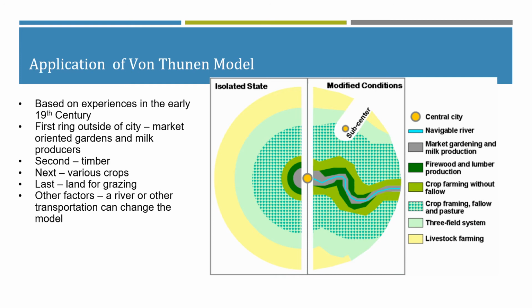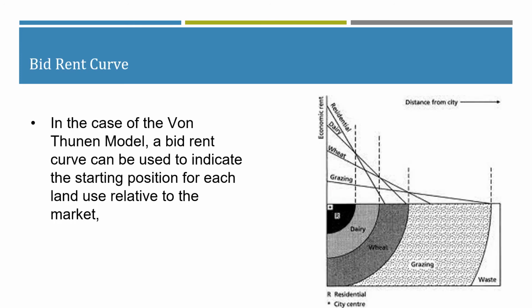In the case of the von Thunen model, a bid-rent curve can be used to indicate the starting position for each land use relative to the market. We're going to talk more about the bid-rent curve when we get to cities, but basically it has to do with how expensive land cost is.